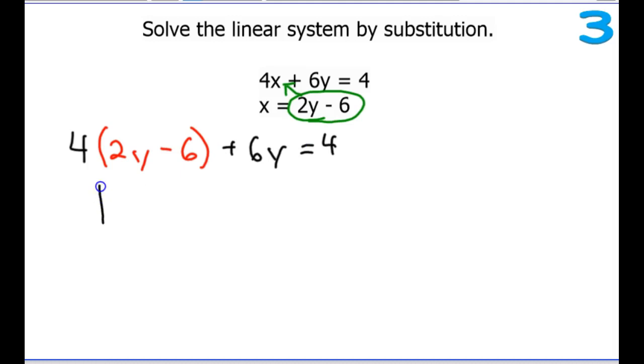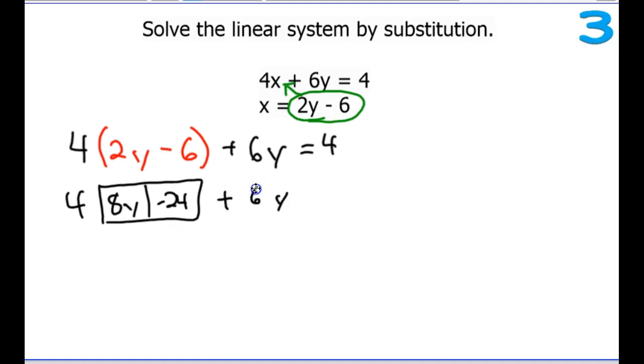So draw our box, and we get 4 times 2y, that's 8y. 4 times negative 6 is negative 24. Plus 6y equals 4.